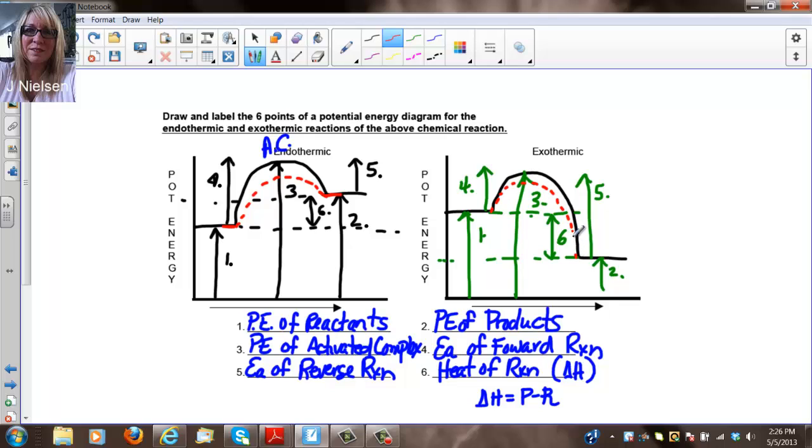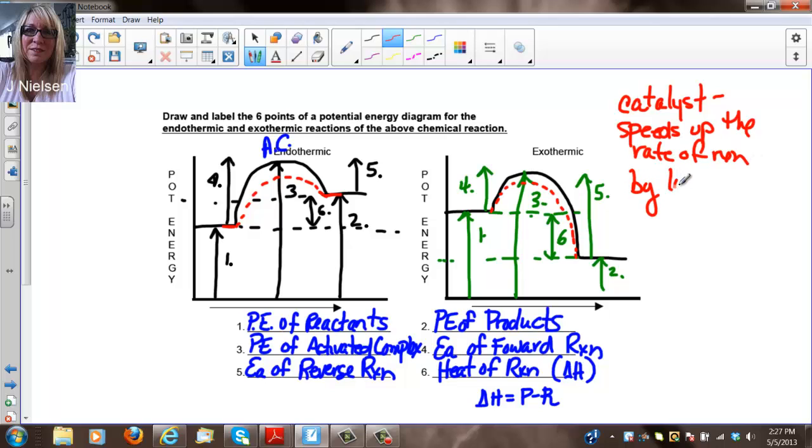There's my catalyst here. So a catalyst speeds up the rate of reaction by lowering the activation energy. So we can see now that it only takes this much energy to get to the top of the activated complex as opposed to what it was before, by lowering the activation energy.